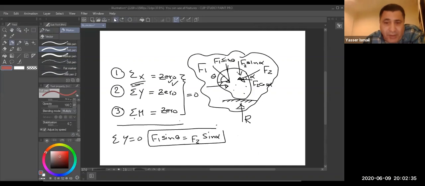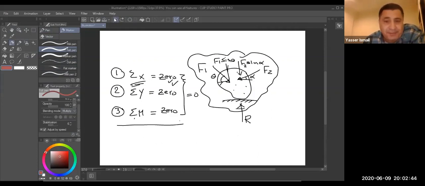For our structure system, we have three particular areas: beams, trusses, and frames.